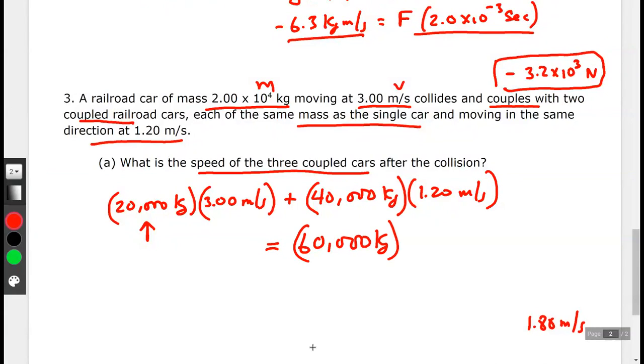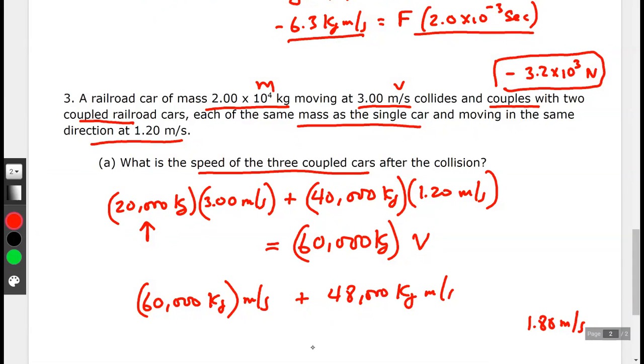They become 60,000 with a velocity we don't know. 60,000 kilogram meters per second plus 48,000 kilogram meters per second equals 60,000 times this velocity we don't know.